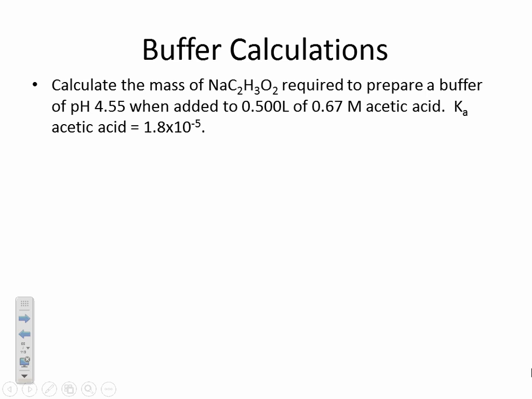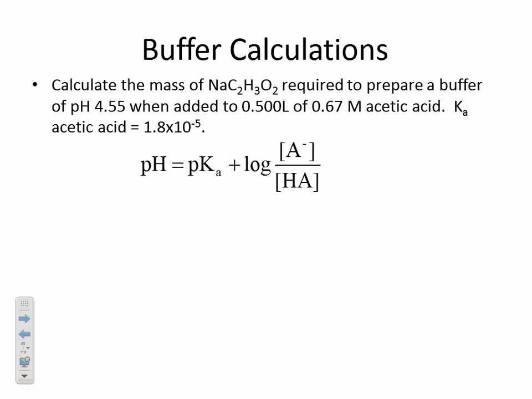So then just another type of problem: calculate the mass of sodium acetate required to prepare a buffer of pH 4.55 when added to 0.5 liters of 0.67 molar acetic acid, and the Ka value for acetic acid is given. So this is basically going into how you make a buffer, buffer creation calculations. Thinking about this problem, what do we have in solution?